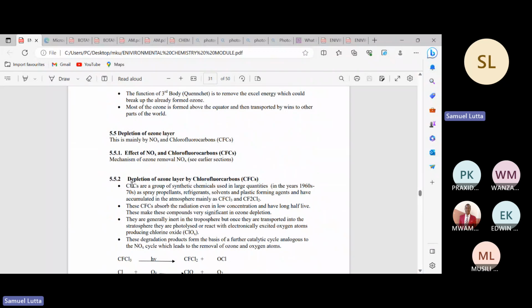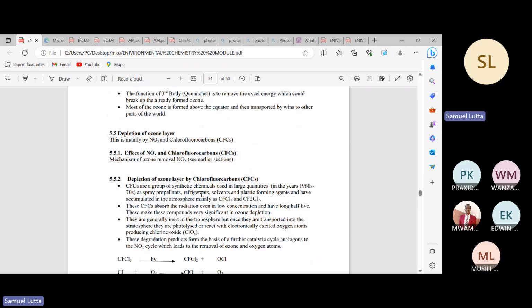So these CFCs are chemicals that normally contain carbon, fluorine, and chlorine. They are used in refrigerators as coolants, because they can easily convert from liquid to gas just by absorbing energy.